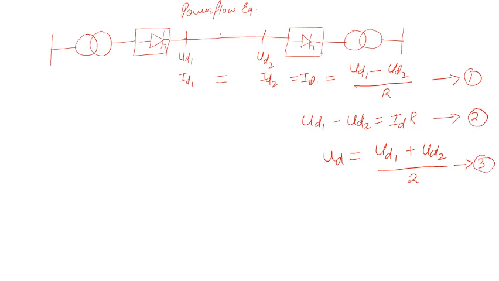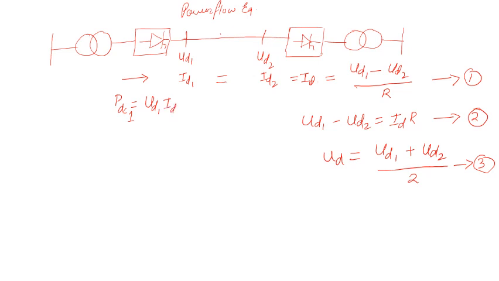Okay, now I'll derive the power flow equation. What is the power flow here? PDC1 is nothing but the multiplication of UD1 and ID1.